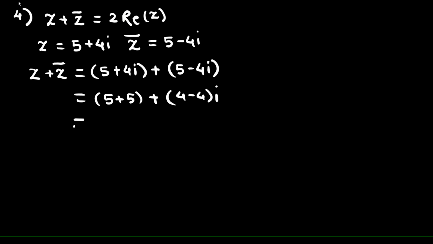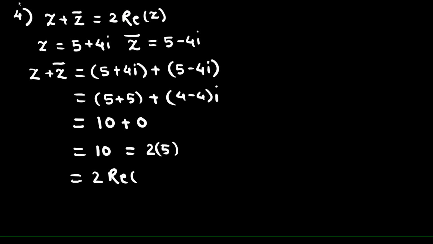So this will be 10, then 0. But that 10 may be expressed as 2 into 5, and we know 2 into 5 means 2 times the real part of z.